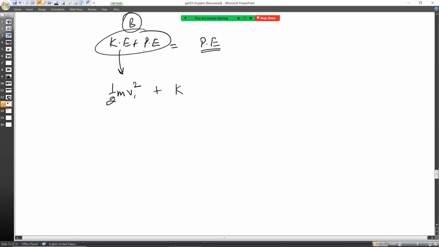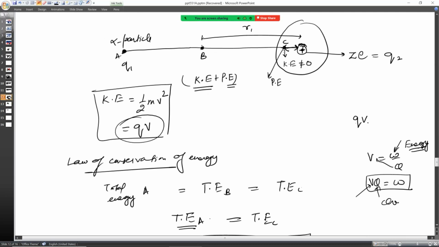And the potential energy there will be K Q1 Q2 upon r1. What is r1? R1 is the distance between point B and point C.